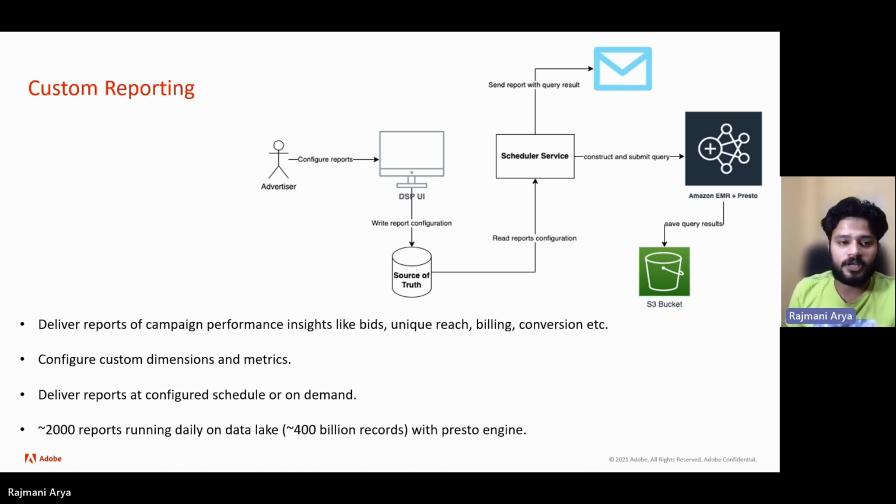So an advertiser can choose among various available dimensions. By dimension, I mean, suppose I have a placement or campaign running, I can choose those as a dimension. I can see how my campaign is behaving in California or in New York state, and also how it is behaving across mobile, CTV, or desktop platforms.